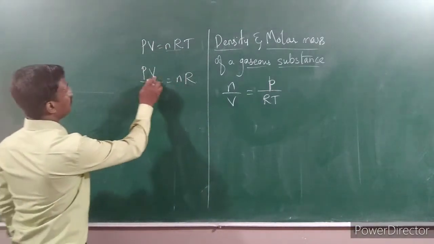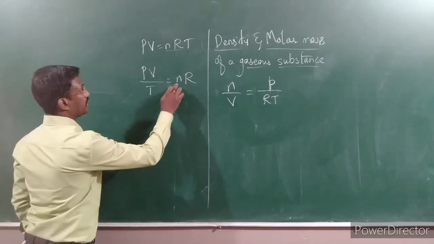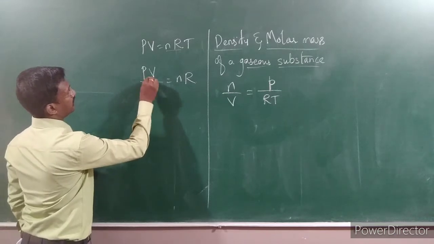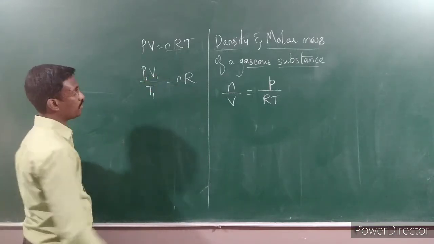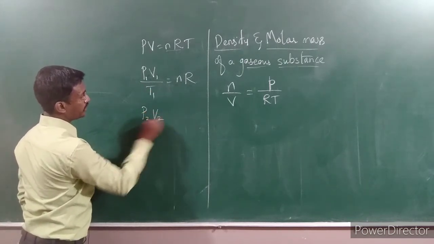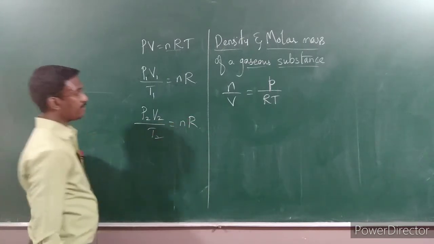If there is any change, the pressure, volume and temperature can vary, but the amount of substance and the gas constant remain the same. For that reason, for the initial values of pressure, volume and temperature P1, V1, T1, we can write the same form for P2, V2, T2. But n and R remain the same.